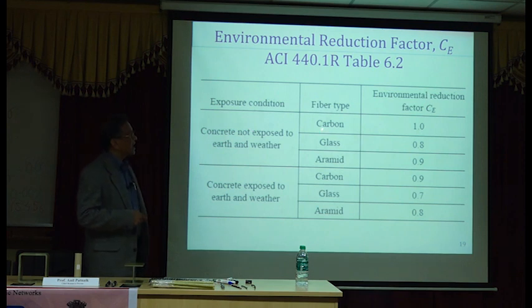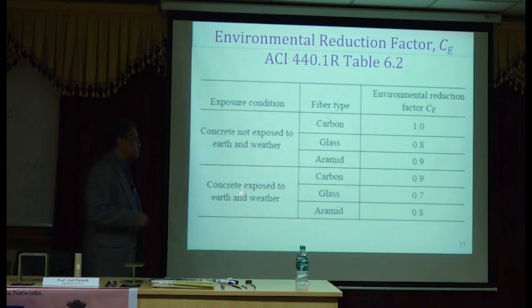So carbon is very reliable. It doesn't get affected too much by environment. Therefore, if the concrete is not exposed to earth or weather, that means interior conditions, then we can use C sub E of 1. For glass, it's 0.8. For aramid, it's 0.9.